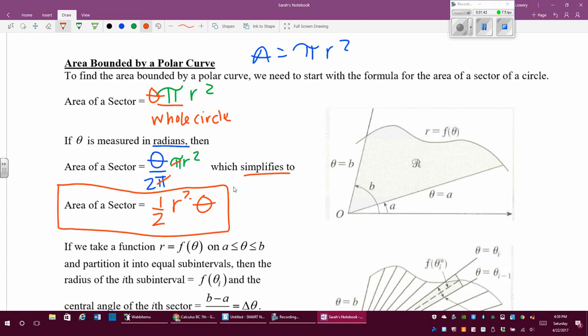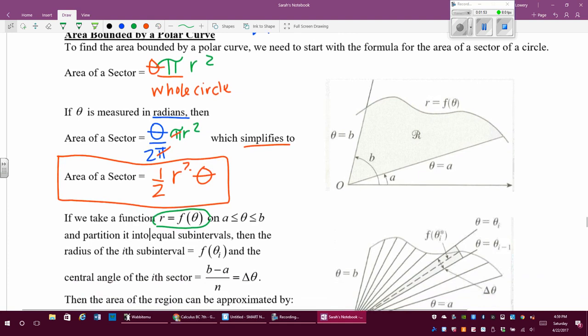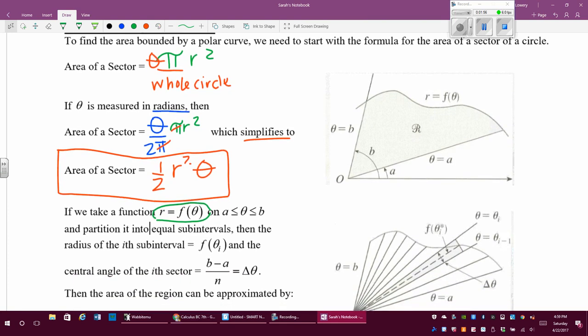Now let's say that this is a function and let r be equal to f of theta, some function of theta. What we want to do is look at this function on an interval, maybe from A to B. So let's pretend that this is my function, some polar curve, and we want to look at the area of a piece under this curve.